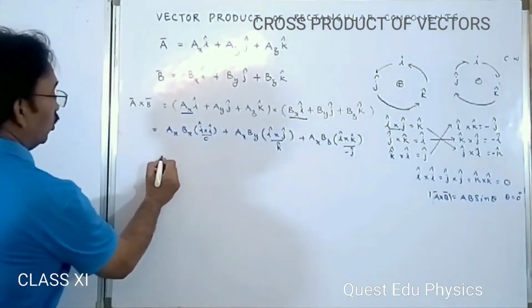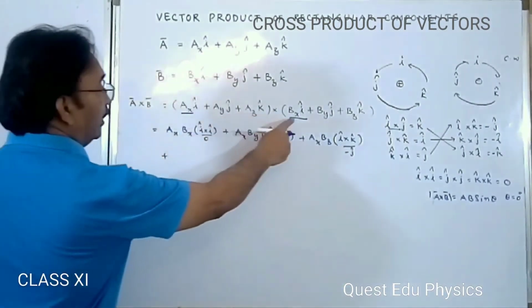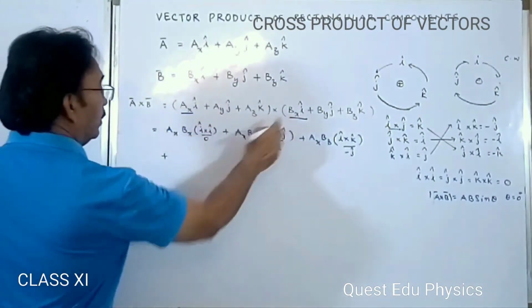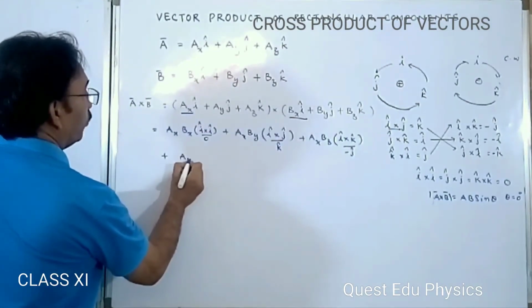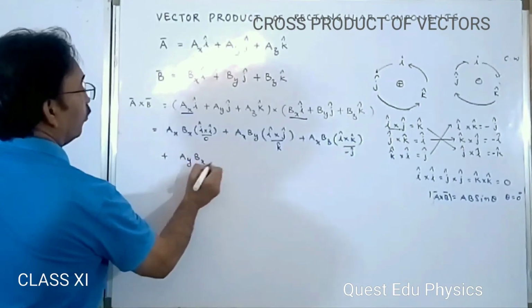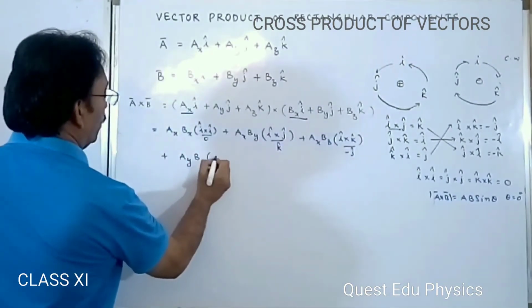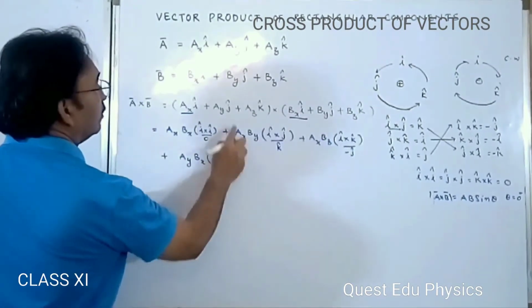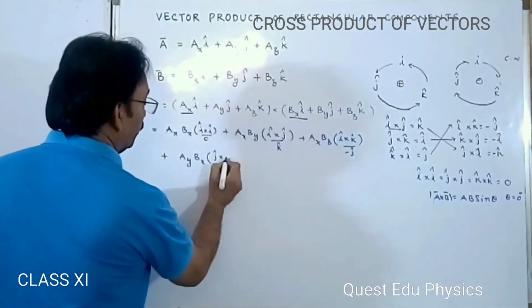The first term is over, then BY, AY BX into J cap cross I cap.